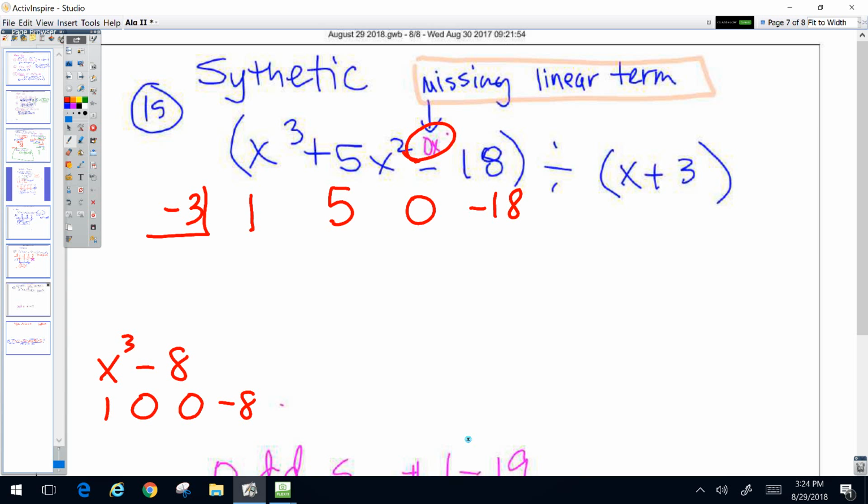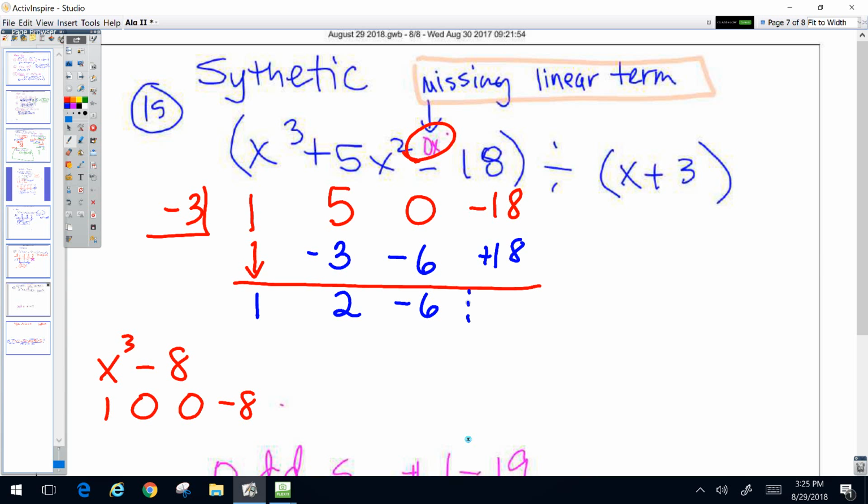Okay. All right, so now we can actually do this problem. We bring down the 1, and we get 1, and then we multiply, and then we add, and then we multiply, and then we add, and then we multiply. I really like it when there's no remainder, because that means a lot of good stuff.